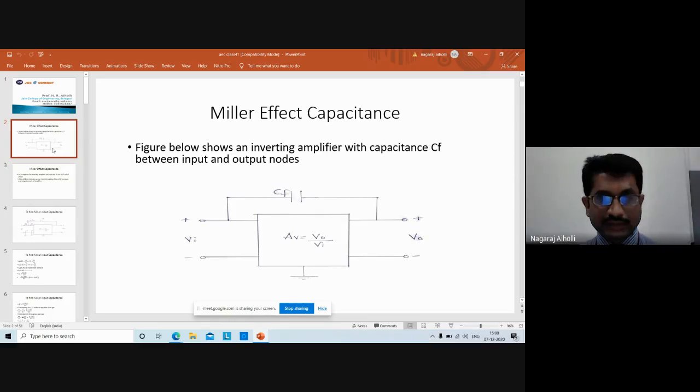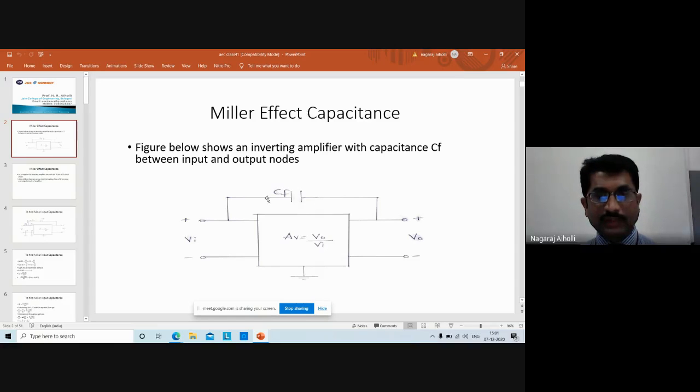The capacitance CF present in the feedback path between the input node and the output node produces a loading effect on the input and output circuits. That is called the Miller's effect.